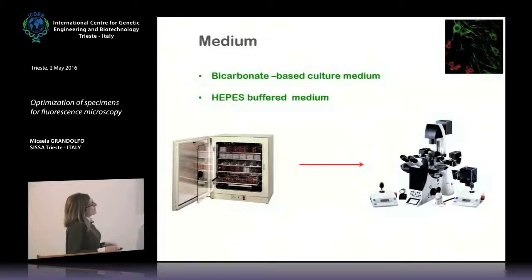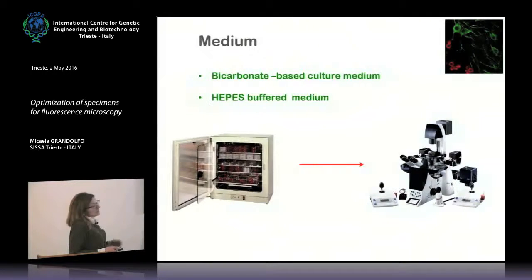The point is that in our cell incubator, we have a buffer system based on bicarbonate, and it works in a controlled atmosphere in which there is a small percentage of CO2, or carbon dioxide, in general 5%. And it is tricky and expensive to reproduce this system around a microscope.